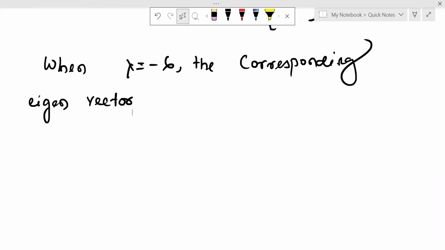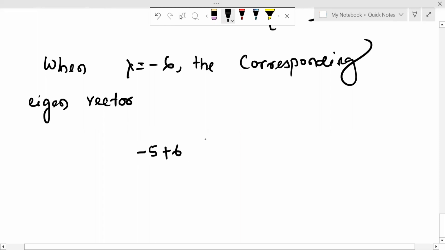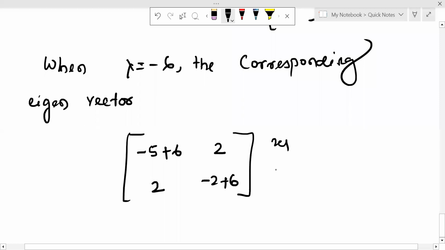-5 minus lambda, and in place of lambda we put -6, so -5 plus 6, 2, 2, -2 plus 6, into x1, x2 is equal to 0.